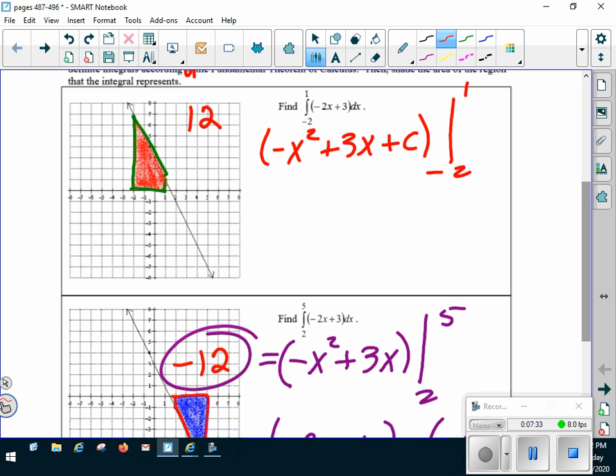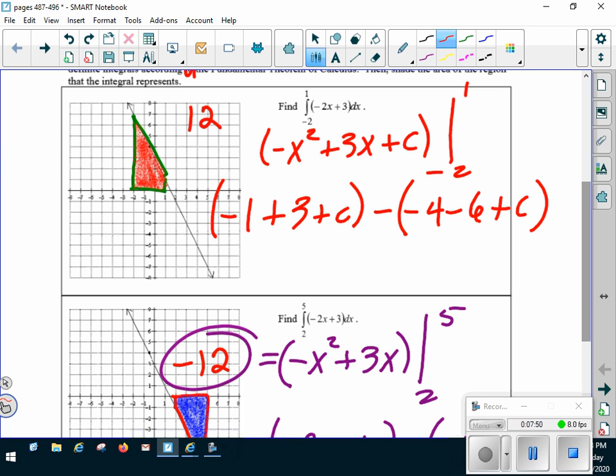Now remember, these are x values, negative 2 and 1. So that would be negative 1 plus 3 plus c minus negative 4 minus 6 plus c. Do you see that those c's would just subtract out because they're the same constant? So there's no point in writing it down every time because they're just going to subtract out anyway.